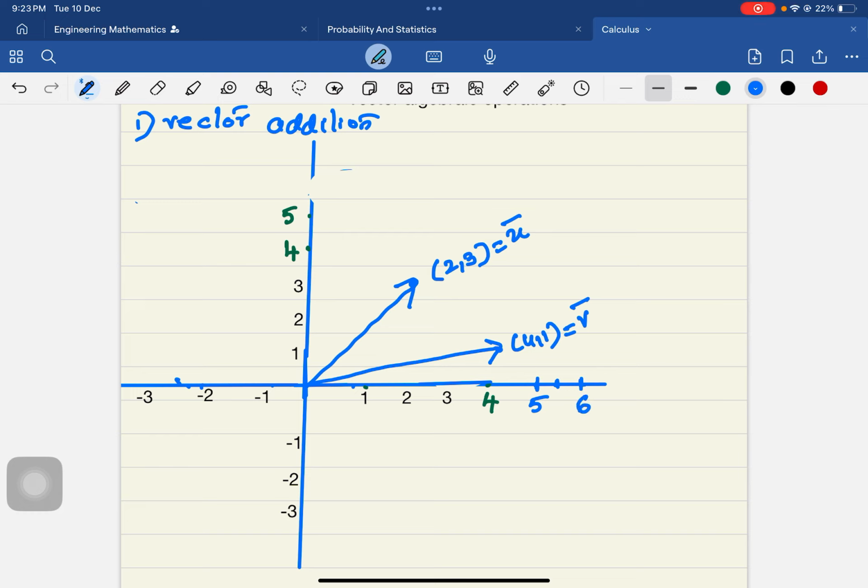Now on the x-axis look at 6, and what is the y coordinate here? 3 plus 1, the y coordinate is 4. So (6, 4) is somewhere here.